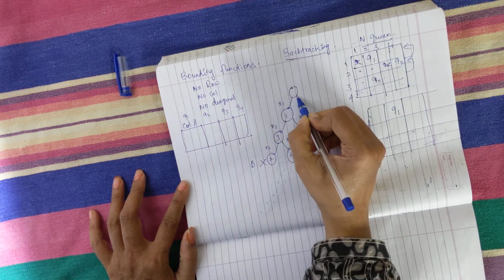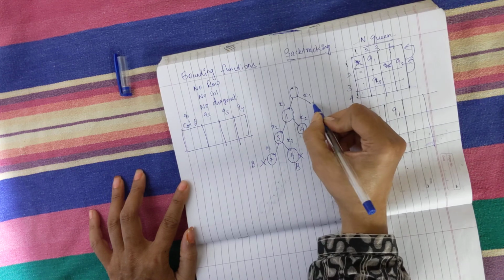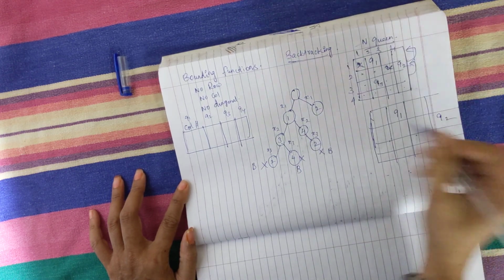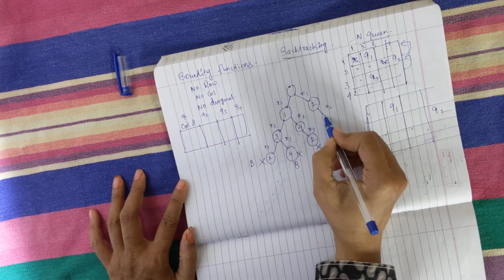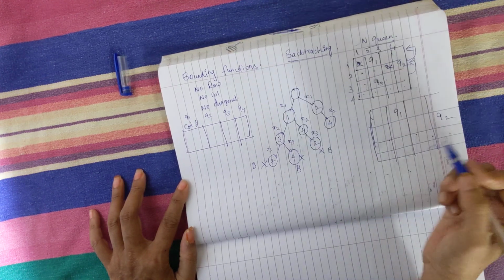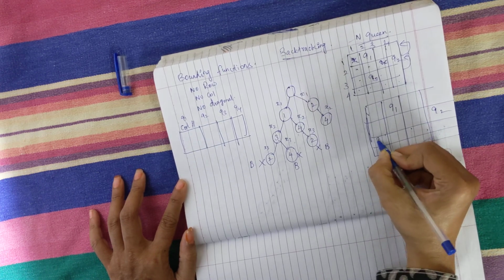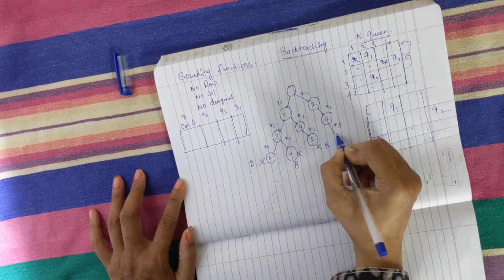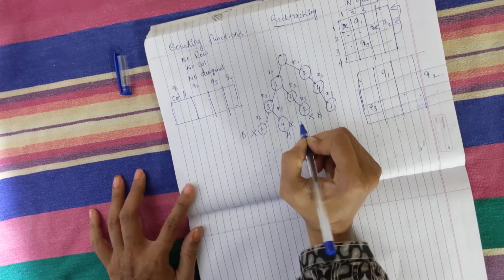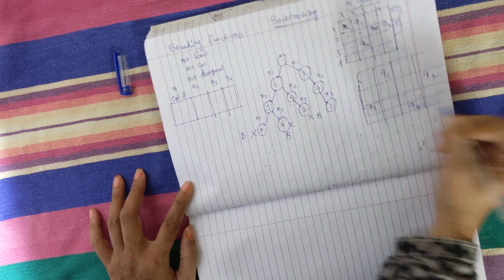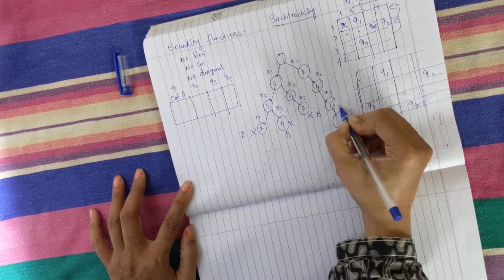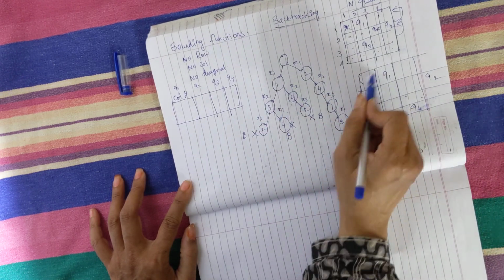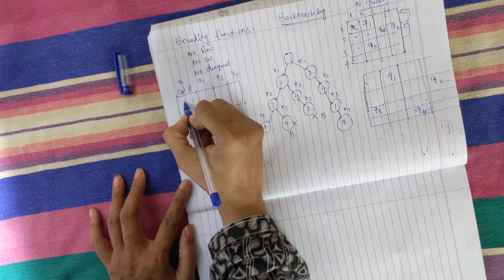Go back here and start with Q1 in the second position, then Q2 in 4, then Q3 in 1, and then Q4 in 3. Wow, this gives you a solution. You placed all the queens successfully.